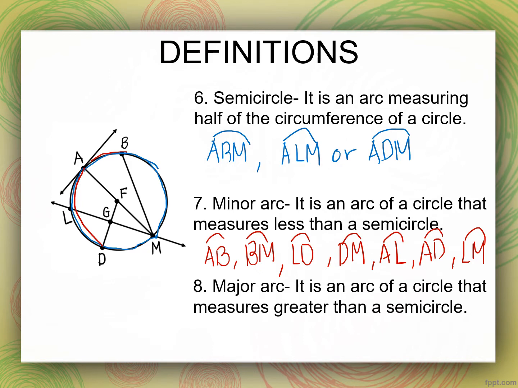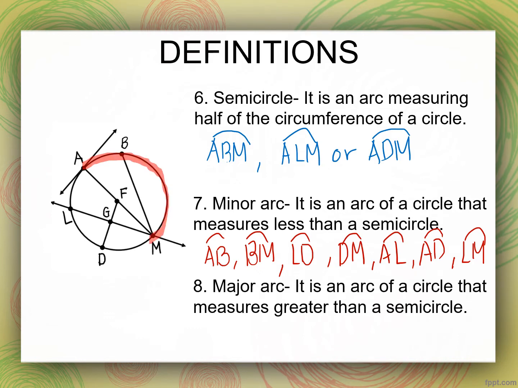So we will just add a portion of an arc to create a major arc. For example, let's erase the lines that we have now, because it's kind of confusing with too many lines. Here, if you have A, B, M, this is a semicircle.